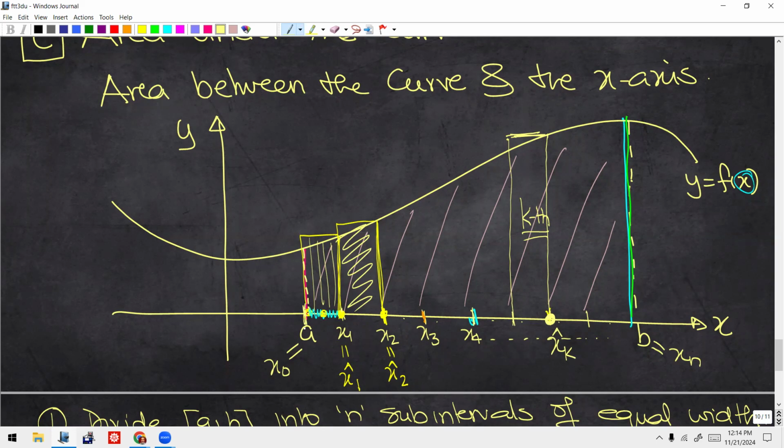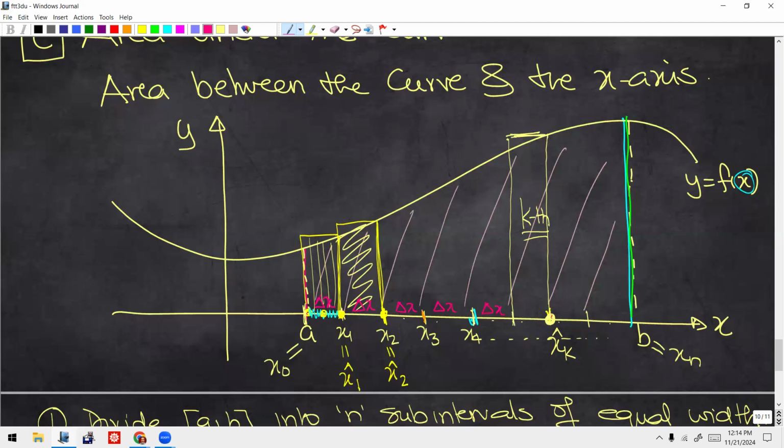That's my start. What is the width of each rectangle? Delta x, right? So this is delta x, this is delta x, this is delta x, and so on, right?